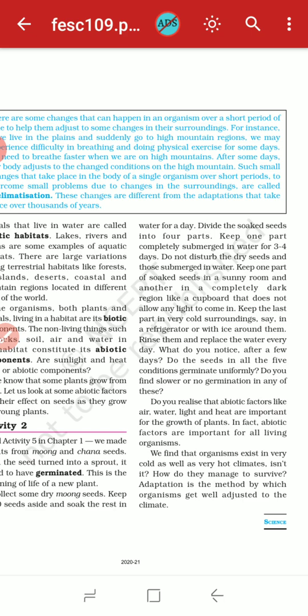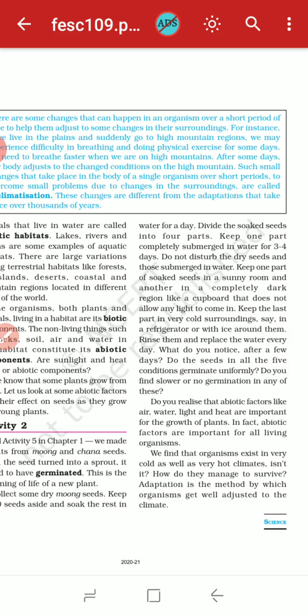Adaptation is the method by which organisms get well adjusted to the climate. For example, if summer comes, we wear cotton clothes. When winter comes, we wear winter clothes, and when the rainy season comes, we wear raincoats. According to the season, our habits and living style also change.